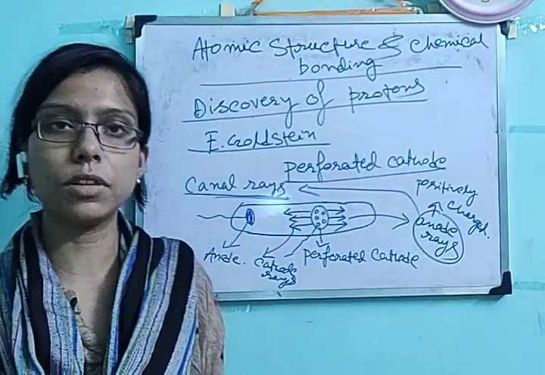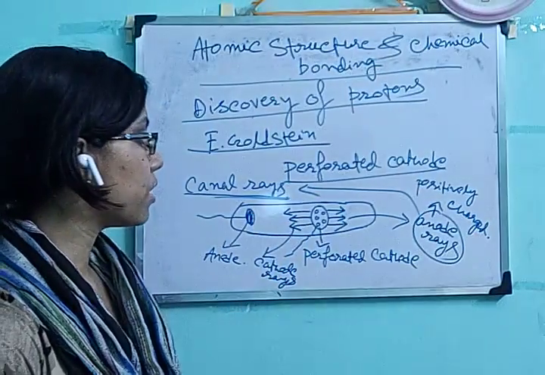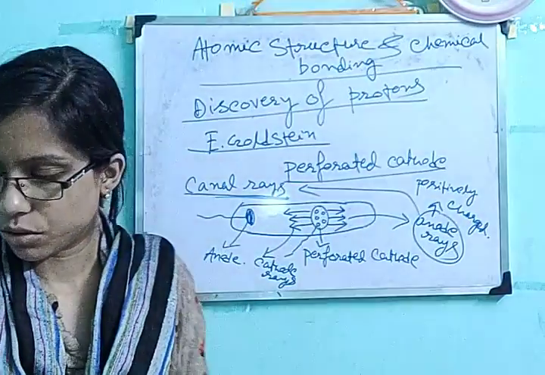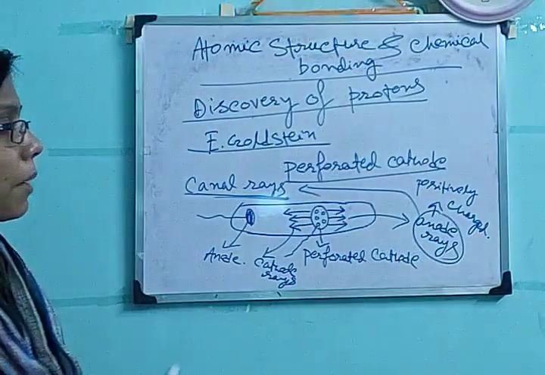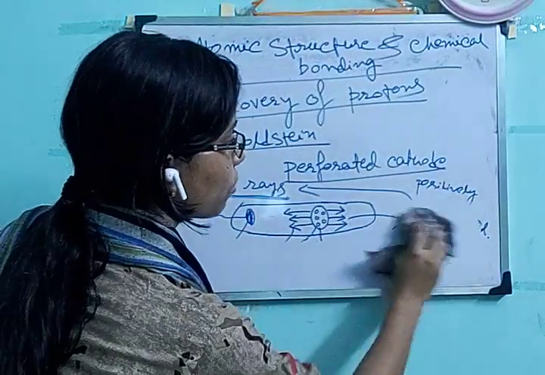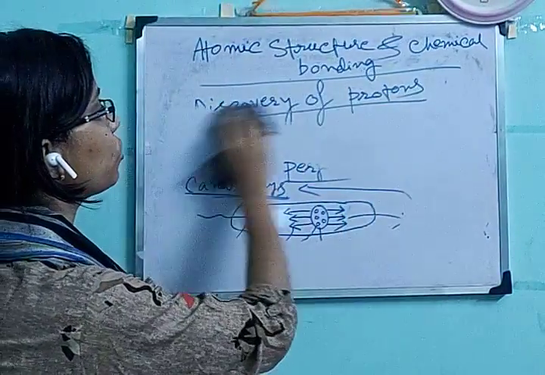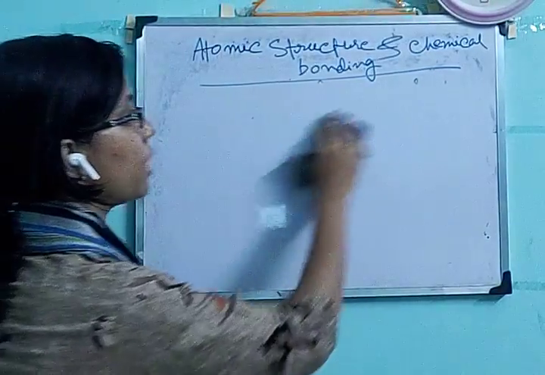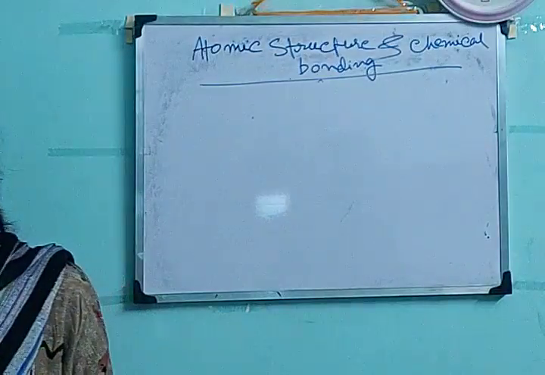These are positively charged rays, they are anode rays, and as they go through the holes, they are termed canal rays. So by the generation of these anode rays, Goldstein came to the point of protons.